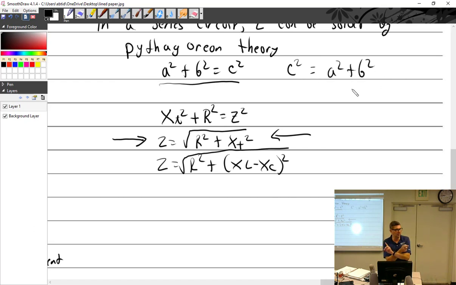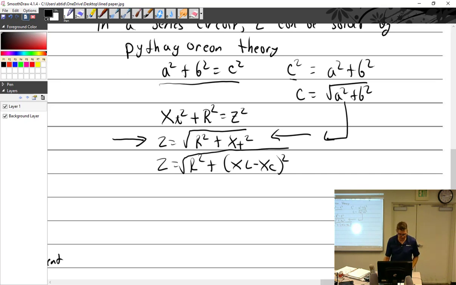I just turned it around because we're solving for c, and then get rid of the square over here, which is c equals the square root of a squared plus b squared, and that is exactly what that is right there, and that's why I like it. I told you it would be simple.